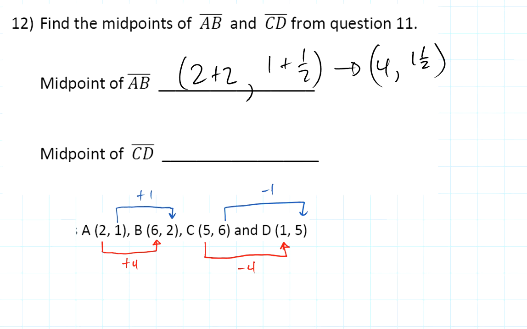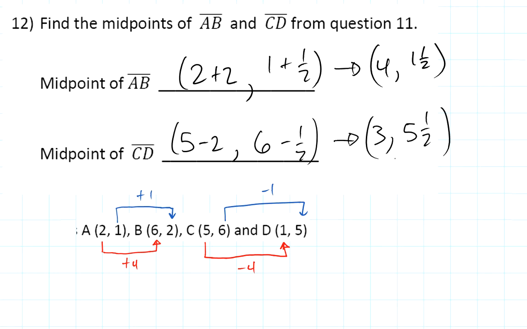For the midpoint of CD, I'm going to start at the value 5, and I'm going to go down not 4 units as I did if I went the whole way, I'm just going to go down 2 units. And for the y values, I'm going to start at 6, and instead of decreasing 1 full unit, I'm just going to go down half of a unit. So 5 minus 2 is 3, and 6 minus 1/2 is going to be 5 and 1/2.